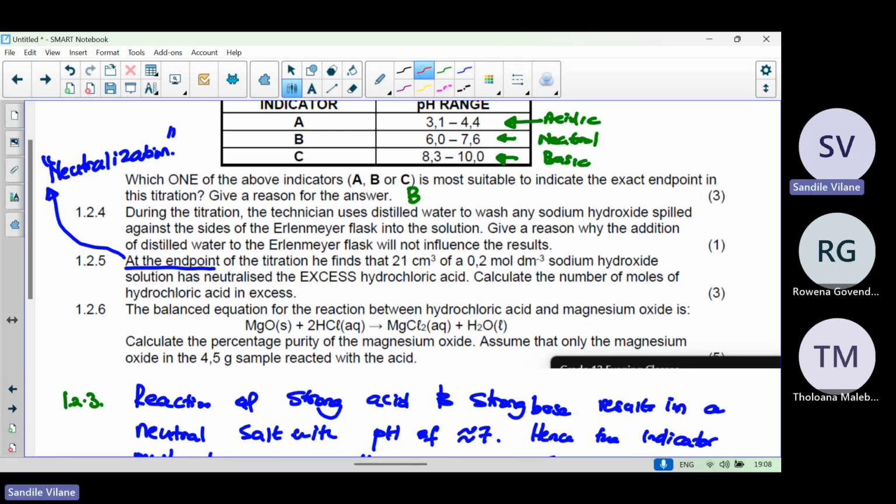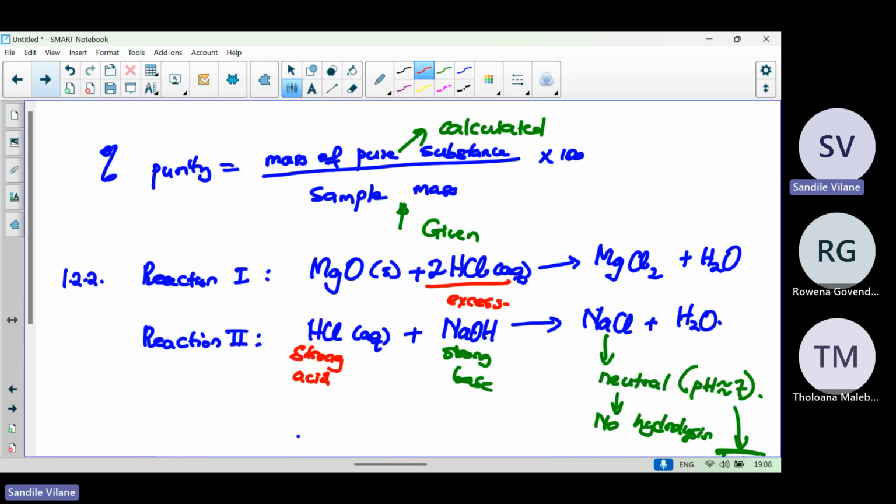So what does he find? He finds that 21 cubic centimeters of sodium hydroxide, this is a standard solution, has neutralized the excess hydrochloric acid. This excess hydrochloric acid is the acid that remained from reaction number 1.